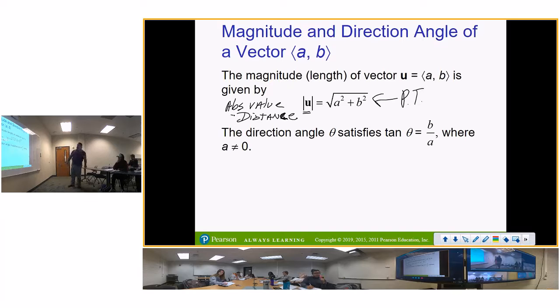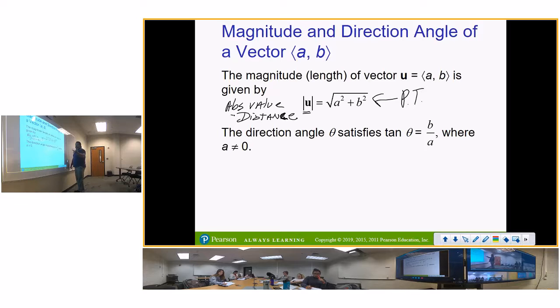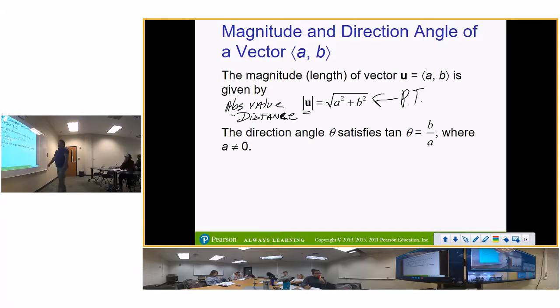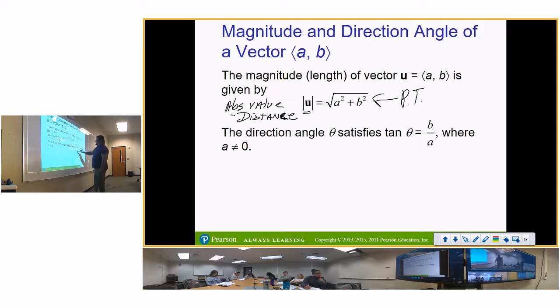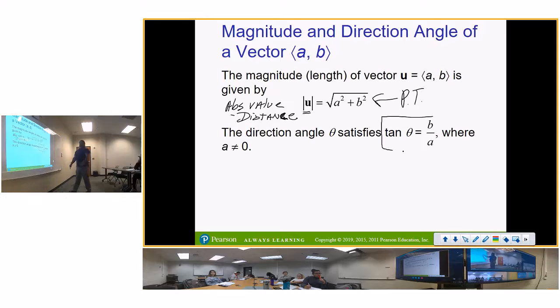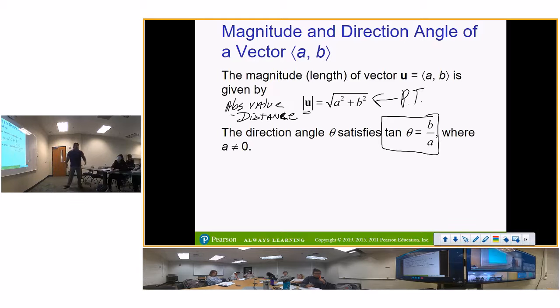The direction angle theta can be written as a tangent. Now, that's true always, but sometimes you're going to be asked for the x and the y. If you're asked for the x and the y and you're given the magnitude, then you do r sine theta, r cosine theta, which is probably going to follow this. But if you want to find the direction and you're given a and b, then you do tangent, which you should know from your right angle trig.